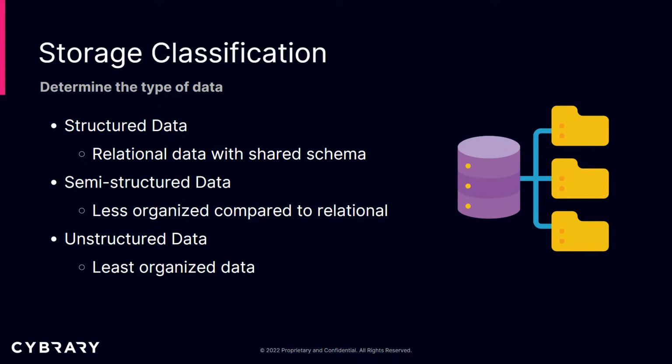What that really means, for example, is that a user's specification can be structured data. When a user account is created, you have a very specific structure, right? User name, user address, user email address. These are known as structured data.